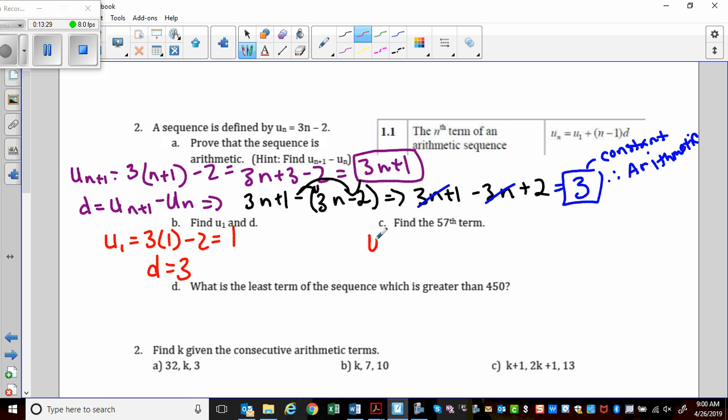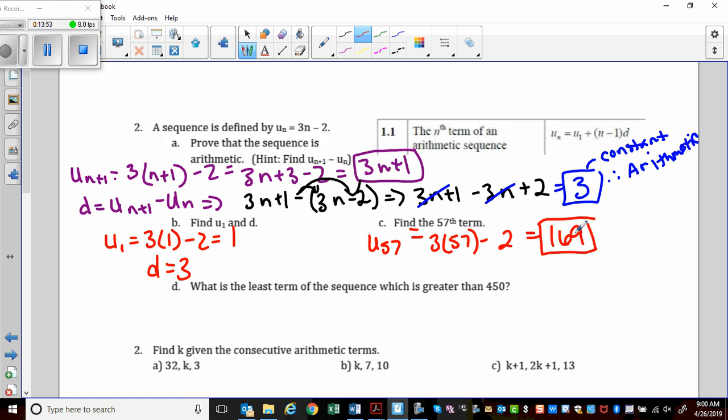So u sub 57, we have that beautiful formula for us, well, we can actually just use this. So this is going to be 3 times 57 and then minus 2. Plug that into your calculator. I think that's like 169.